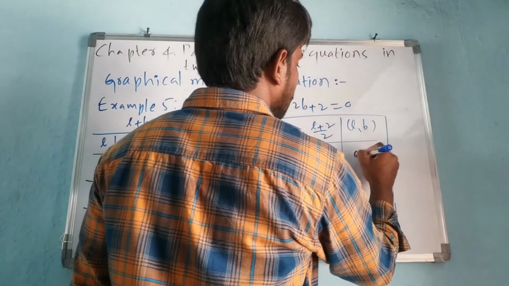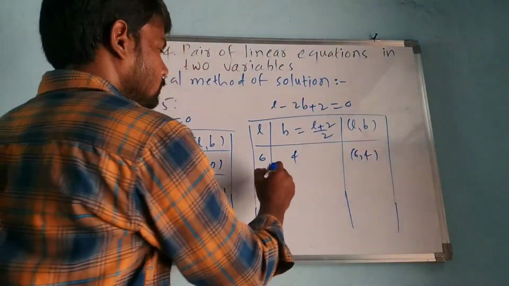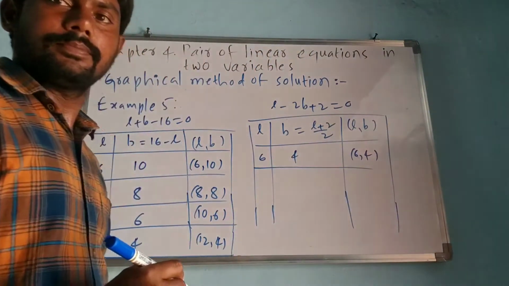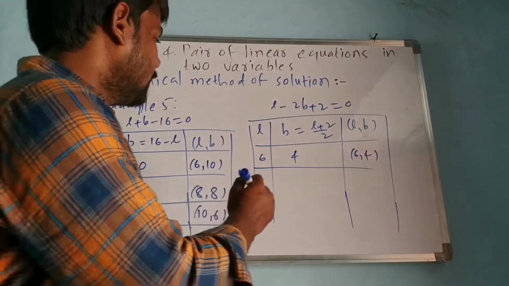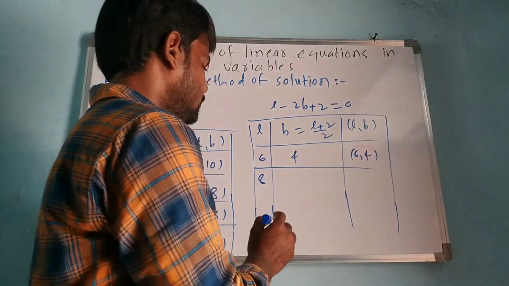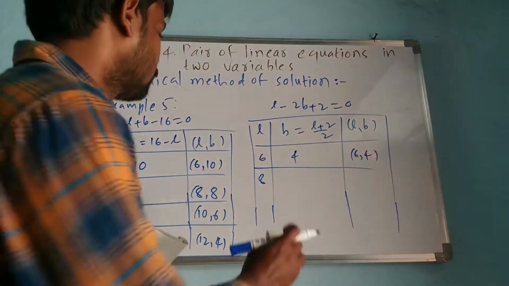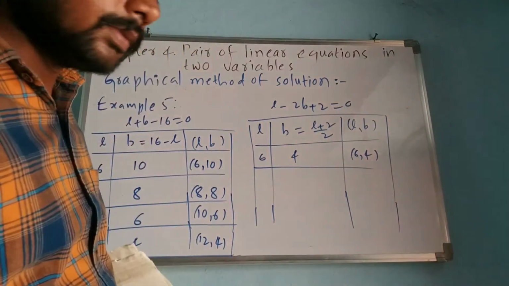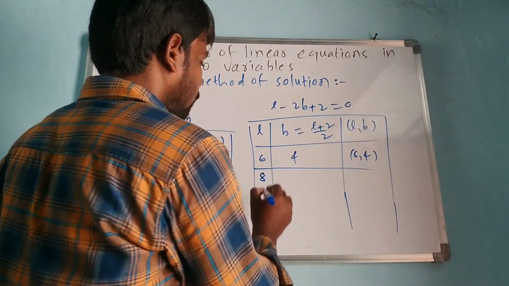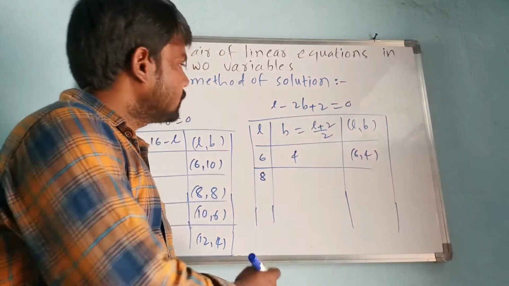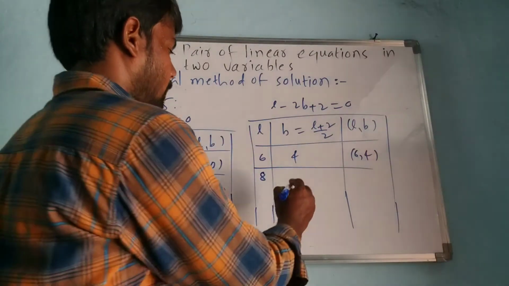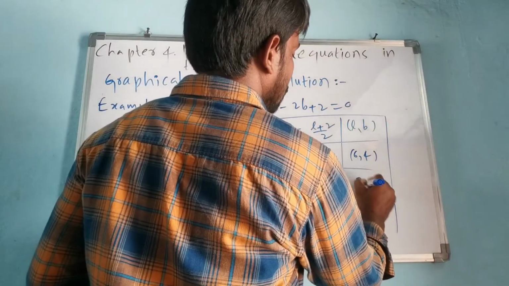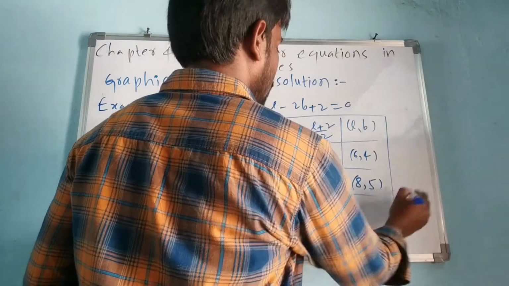This will be 6 comma 4. And then take L is 8. 8 plus 2 is 10, half of 10 is 5. So the point is 8 comma 5.